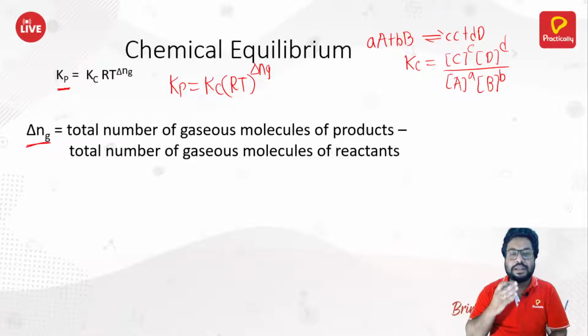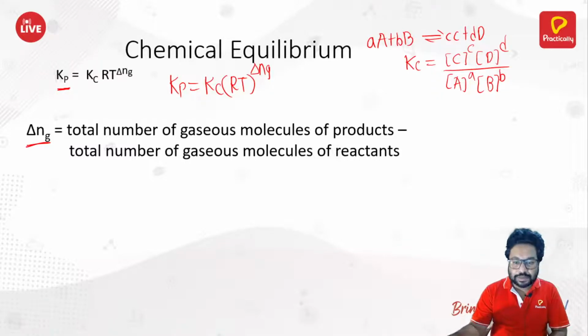So if the number of gaseous moles of product and reactants are the same, then delta Ng becomes 0. When delta Ng becomes 0, (RT) raised to 0 is equal to 1, since anything raised to 0 is always equal to 1. In that case, Kp is equal to Kc.